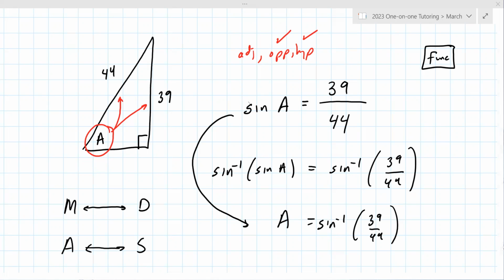And then you'll see there's sine inverse there. And then you go back and you type in 39 divided by 44.